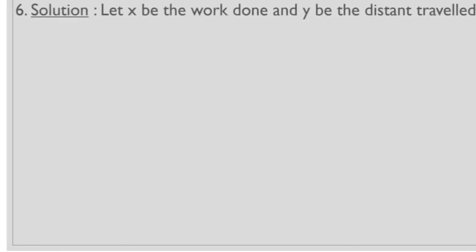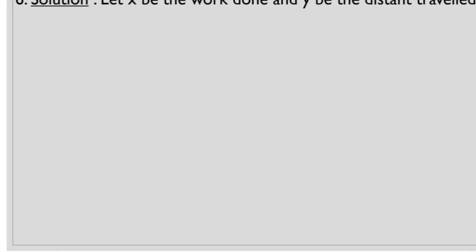So first let's make an equation for the given word statement, and then we have to insert the values and find out the work done as per the requirement of the question, and we have to draw the graph also. So for the solution, let x be the work done and y be the distance travelled.